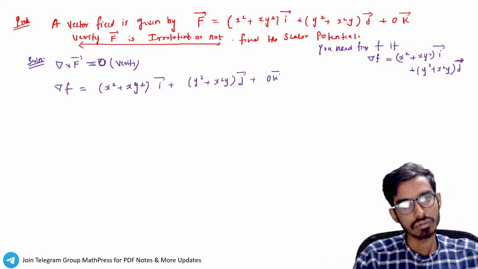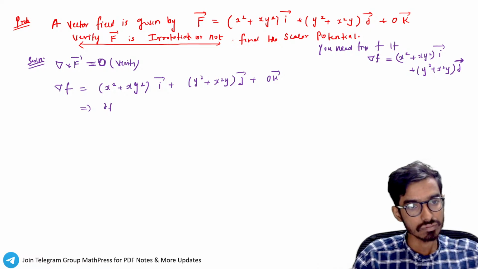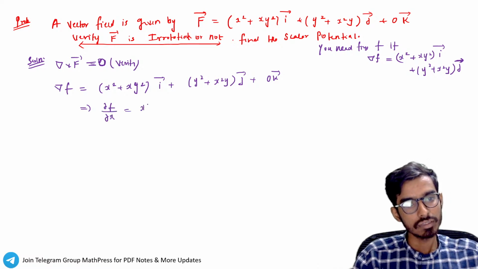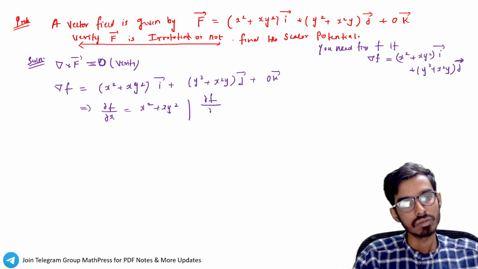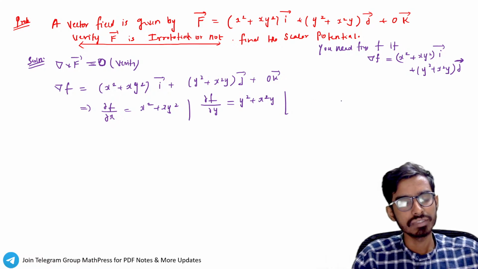Actually, you can think of it as a function of i, j only. So this implies dou f by dou x is x square plus xy square, dou f by dou y is y square plus x square y, and dou f by dou z is 0.